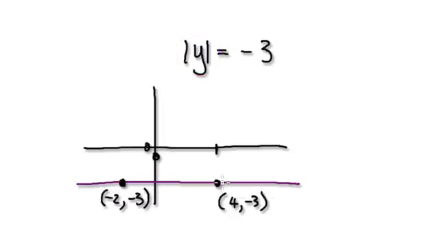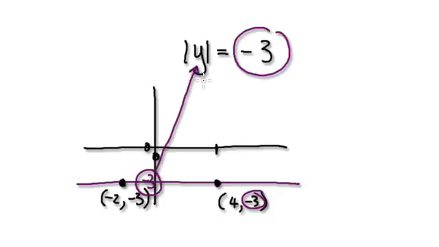So if you consider this one particular point, 4, -3, the x value here will be 4, and the y value will be -3. If you put 4 into the x, well, there's no x here. So consider y as -3 now, and put it into here.